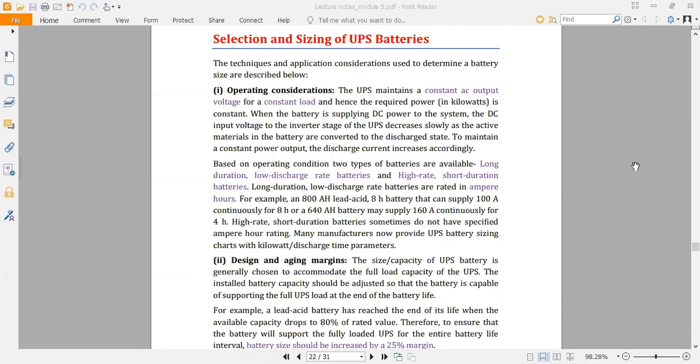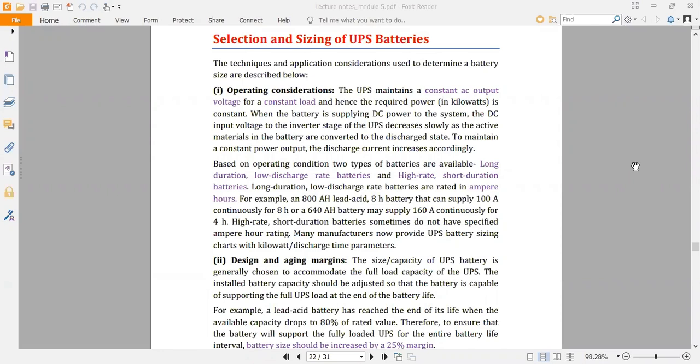So today I am going to discuss a few points which very much affect the selection of the battery and the size of the battery. Some factors will decide which type of battery we should select for our use.